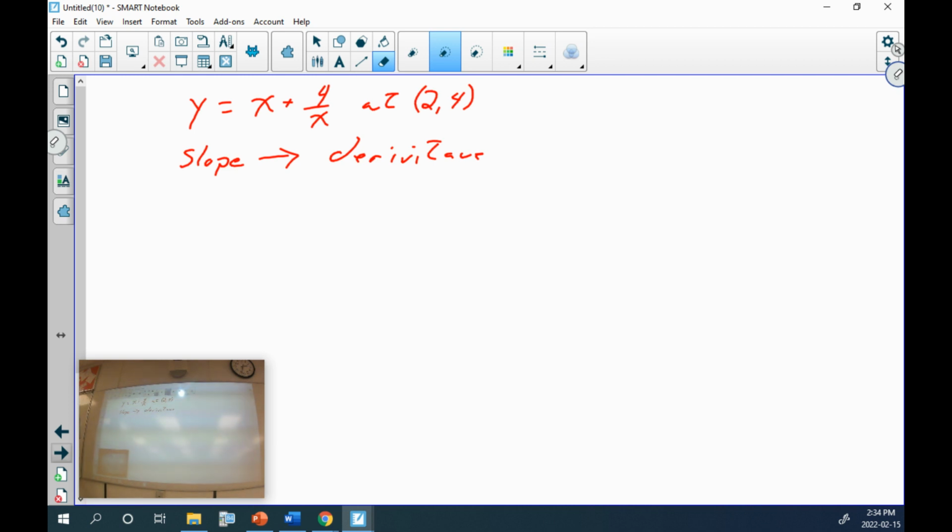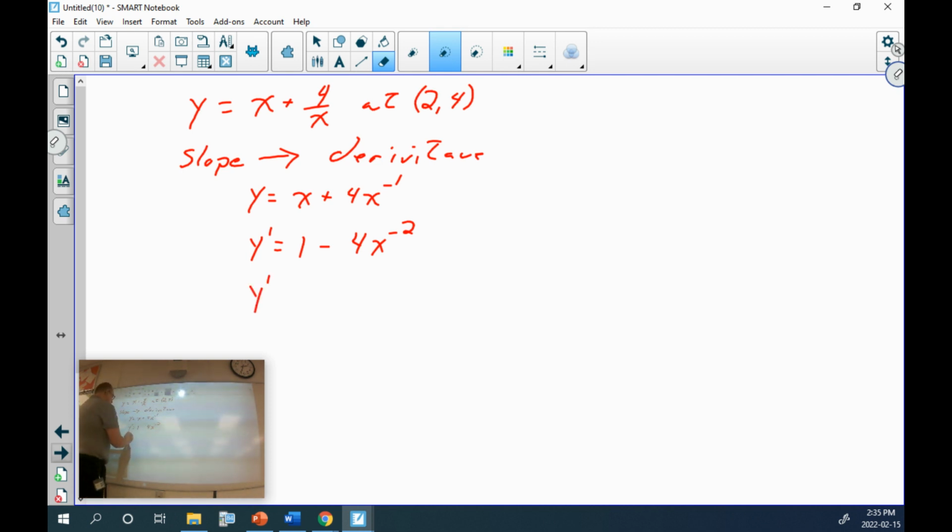Now, we don't have to use the definition of a derivative for this. I'll just, again, do that. So my derivative is 1 minus 4 over x squared, or 4 times x to the negative 2. That's my derivative. At what point do I want to find my slope? At the point x is equal to 2.